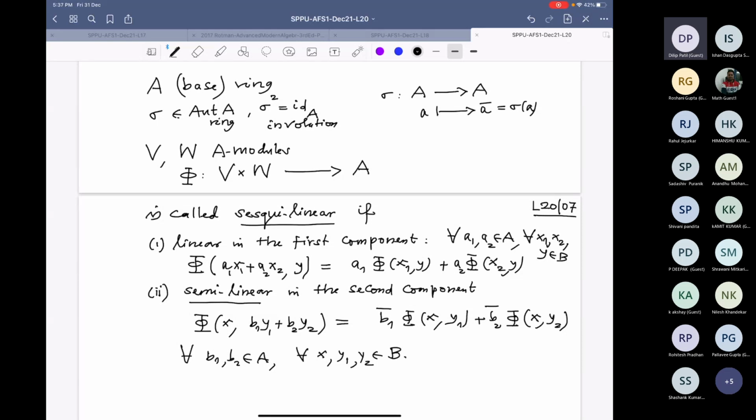That means it's not linear, but the bar will come out instead of the scalar.